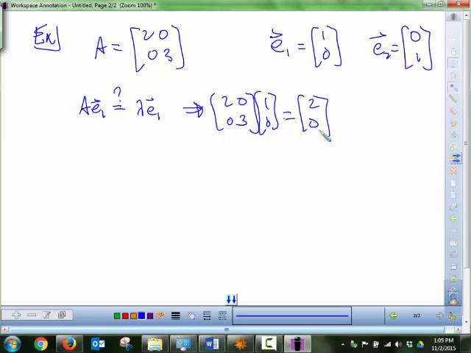That looks like it works. What happened? Did I do that multiplication right? How come this wasn't an eigenvector?